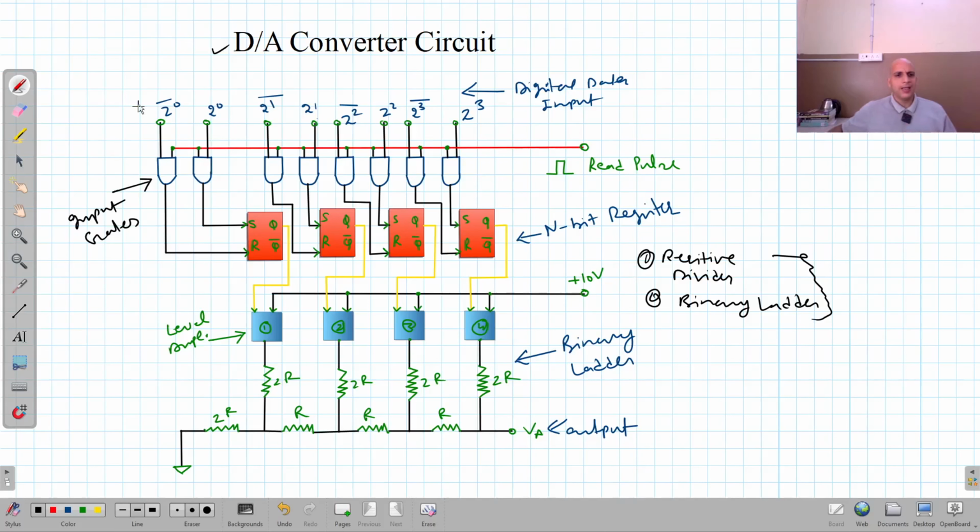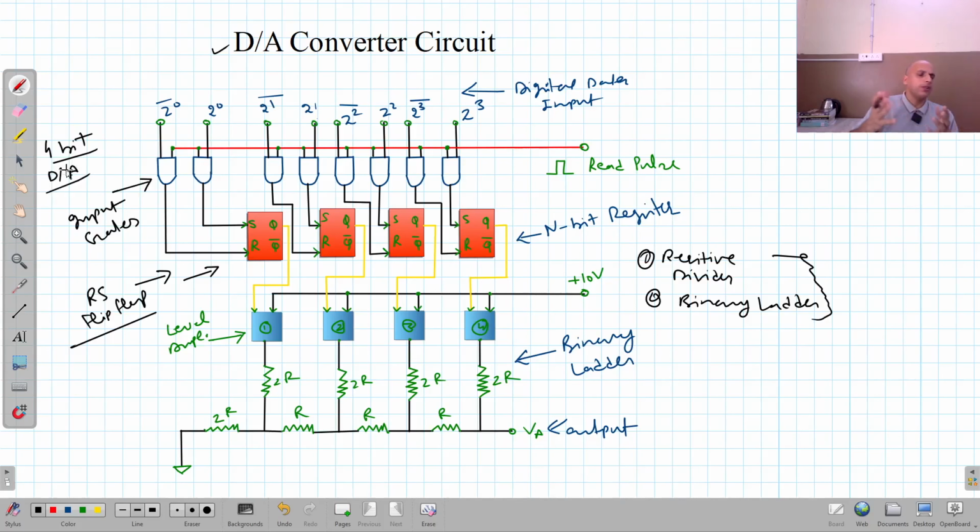Here the register that I am using is a very simple RS flip-flop based register, a basic register. We are using one flip-flop for 1 bit. This entire circuit shown in this figure is for a 4-bit D to A converter.